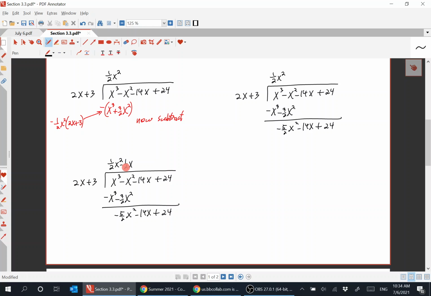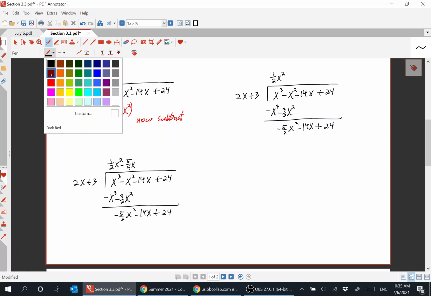Right? 2x times negative 1/2 x gives me... what do I need to multiply 2x by to get minus 5/2 x squared? So that would be minus 5 over 4x. Right? Minus 5 over 4x times 2x is minus 5/2 x squared.